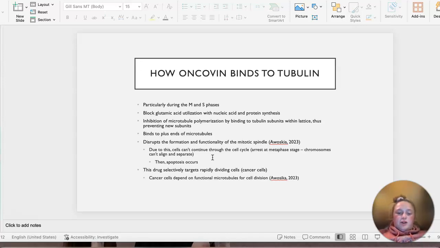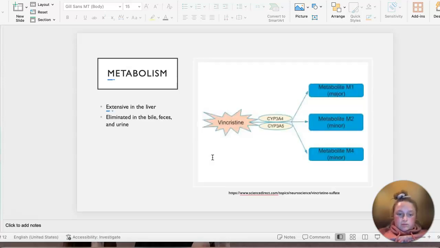This drug selectively targets rapidly dividing cells, such as cancer cells, and it's important that it does this because cancer cells depend on functional microtubules for cell division and for transport throughout the body. So, that is how Oncovin binds to tubulin.